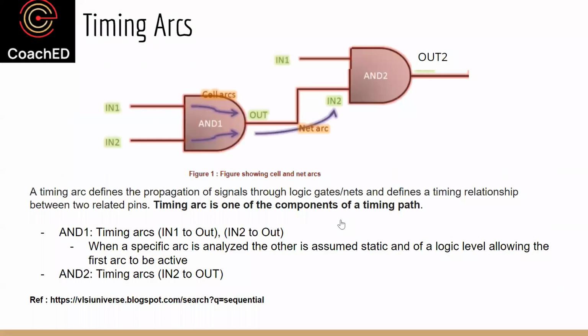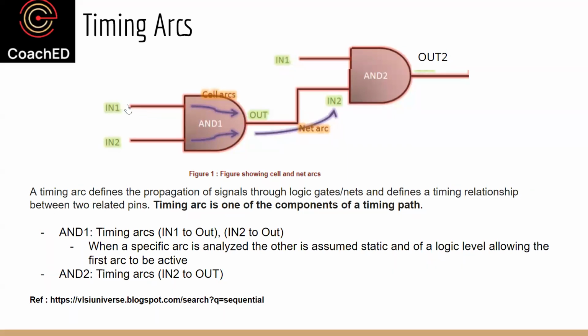So here in this example, where we are showing these AND gates, which have input pins in1 and in2 and out, let's say timing is being analyzed from this AND1 flowing into AND2. Let's say in2 is set to 1, and in1 is the one which is switching or transitioning.